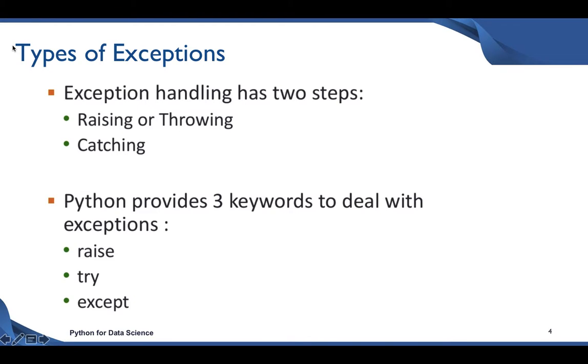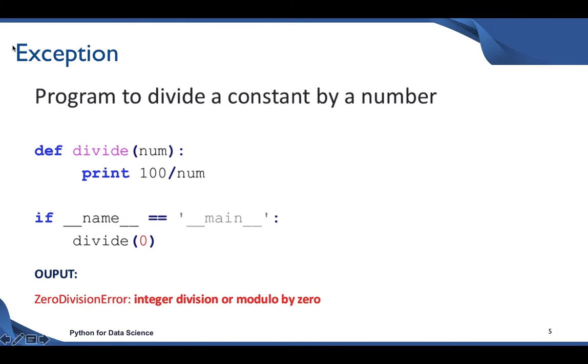If the Python interpreter raises the exception, we need to catch it and give a user defined value, or do some operation: if such and such exception has occurred, follow this operation, else do that operation. Python provides three keywords to deal with exceptions: raise, try, and except. These are all written in block statements.